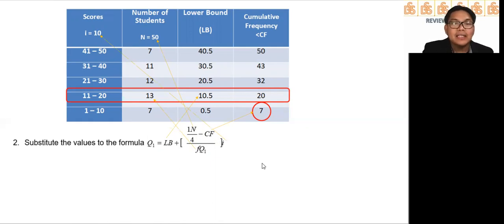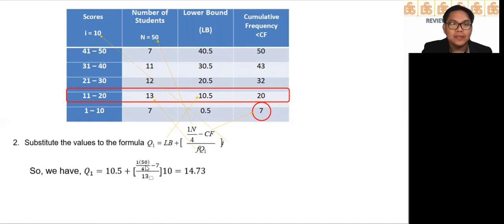Okay? Now let us substitute the values. Q sub 1, lower bound is 10.5, correct? N is 50. Cumulative frequency is 7. And the frequency of the first quartile is 13. And I is 10. So when you substitute again, start inside.